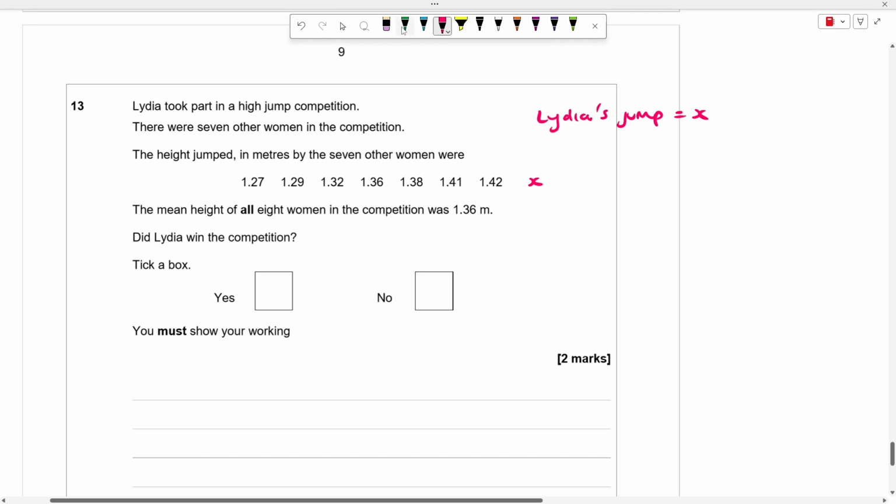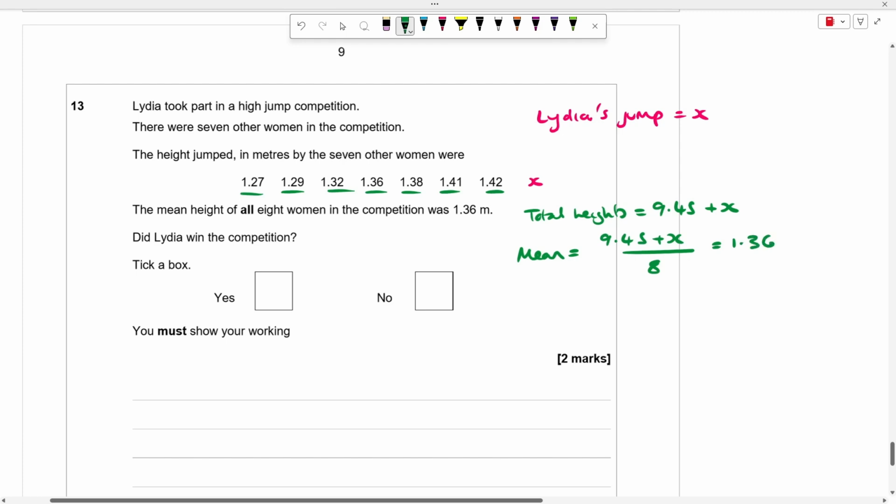Now, to work out the total heights, I add up all of these 7 numbers, which gives me 9.45 meters plus X. To work out the mean, it's the total, 9.45 plus X, divided by 8, because there are 8 women jumping, and that came to 1.36.